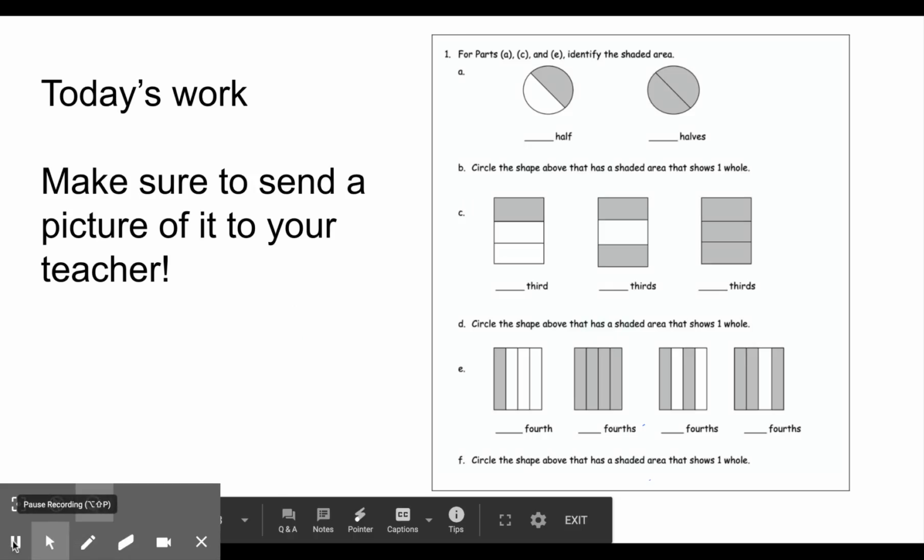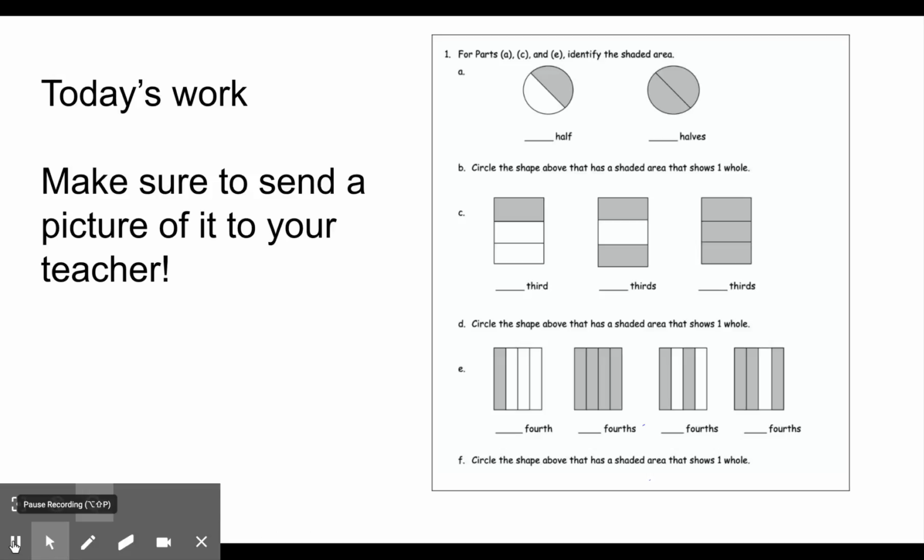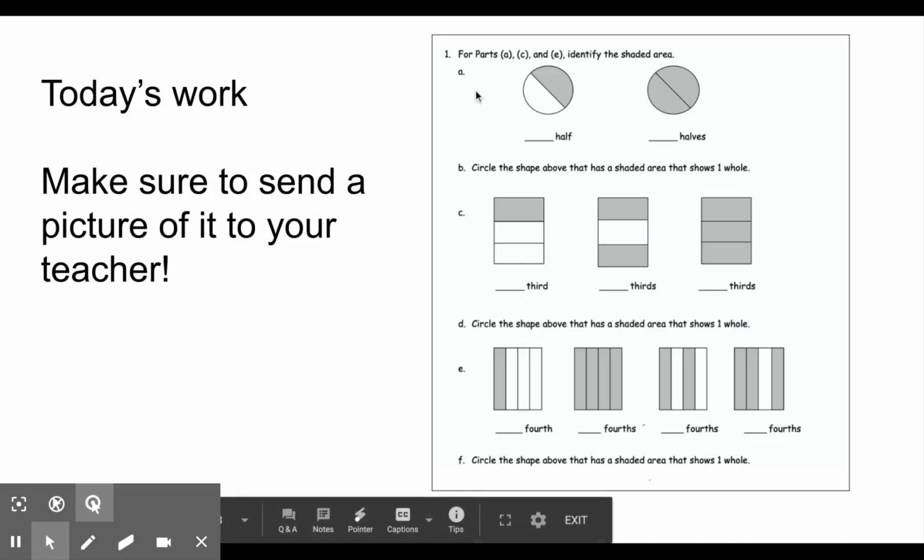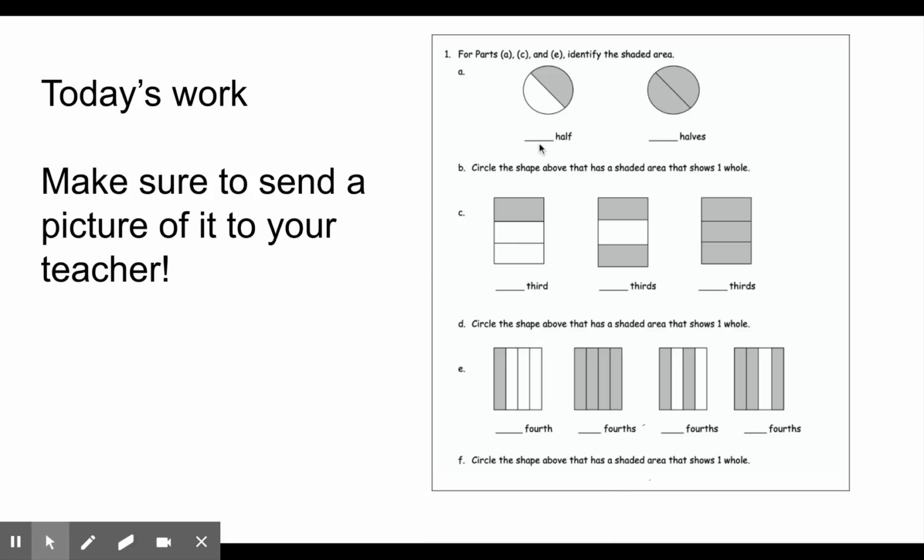Let's take a look at today's work. For parts A, C, and E, you need to identify the shaded area. So how many halves? 1/2. How many halves? 2 halves. So you'll do that for A, C, and E. B asks a different question.